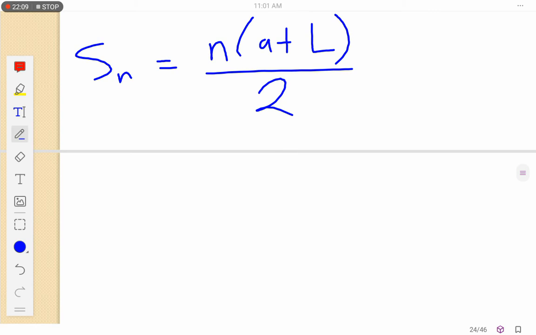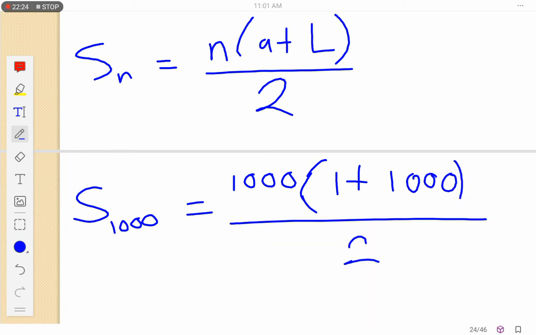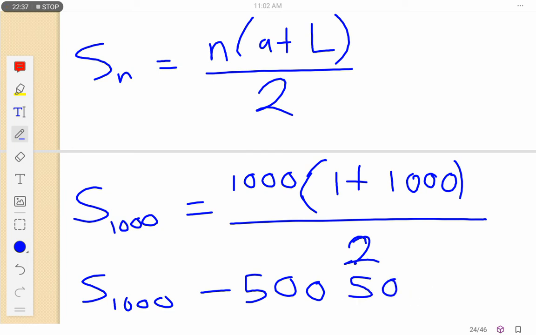Substituting, we are saying the summation of 1000 terms is equal to our N, we said it's 1000, over 2 by our A, which is 1, plus last term 1000. And if you do the division there, you should get the summation of 1000 terms as 500,500. Okay, that's the solution there.